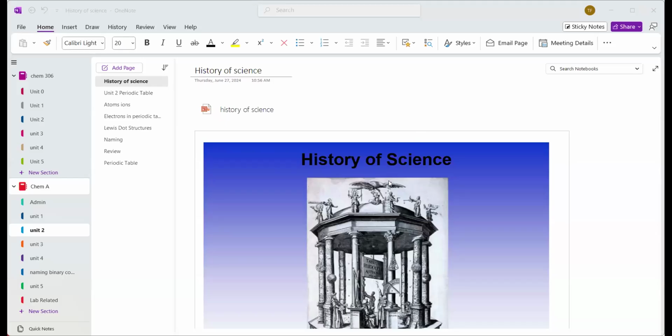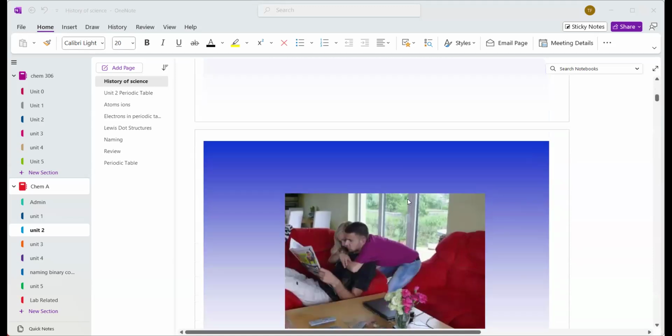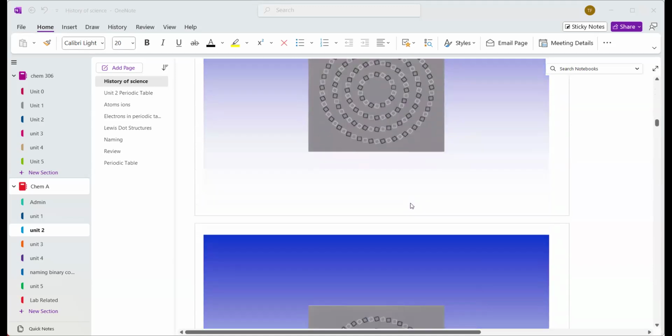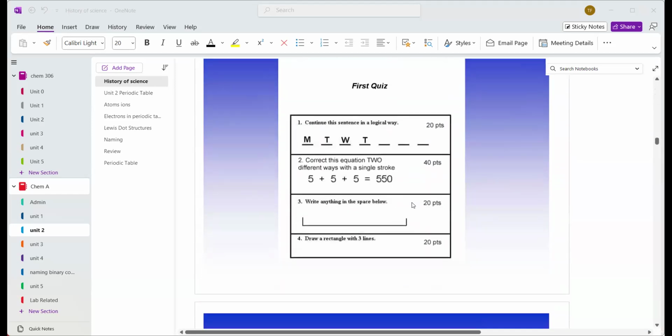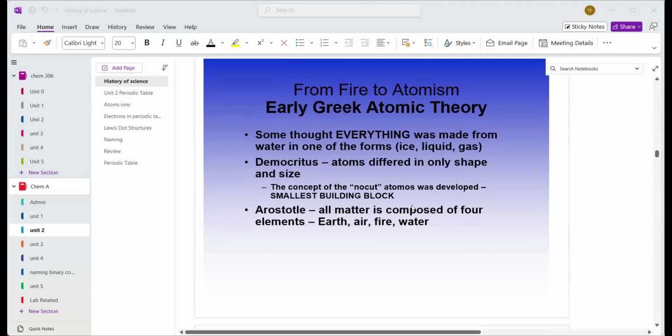Okay, so let's jump back in over here. It all started back probably before the Greeks, but the Greeks were good at documenting what they've done and said.